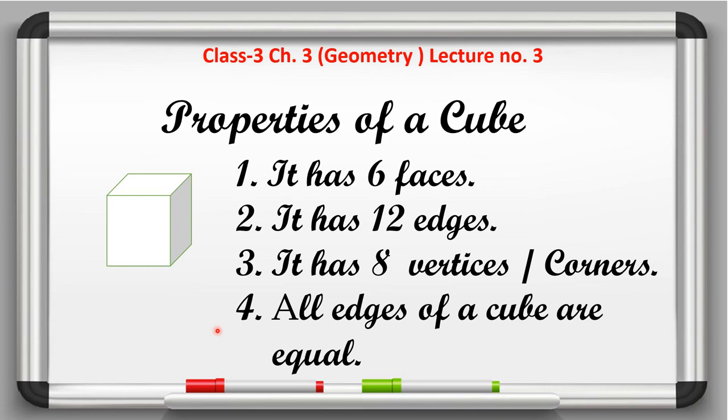Understood, beta? So what you observe is that when you want to write the properties of any 3D shape, first of all you will write about its faces, then you have to write about its edges, after that you have to write its vertices. Understood, beta? So at the last, if there is any special quality in that object, then you have to write it.